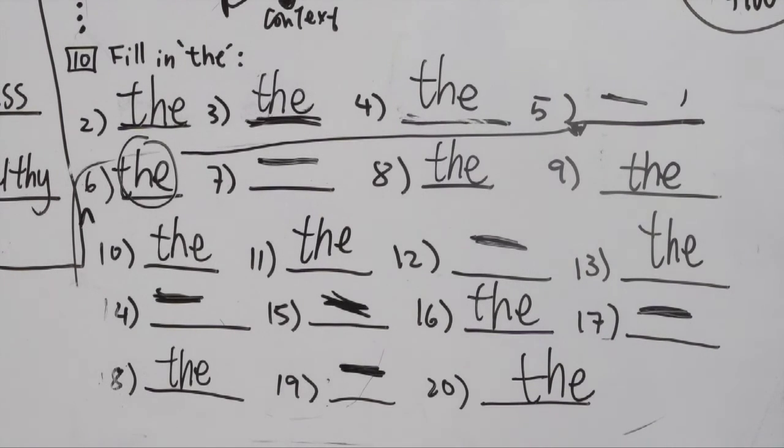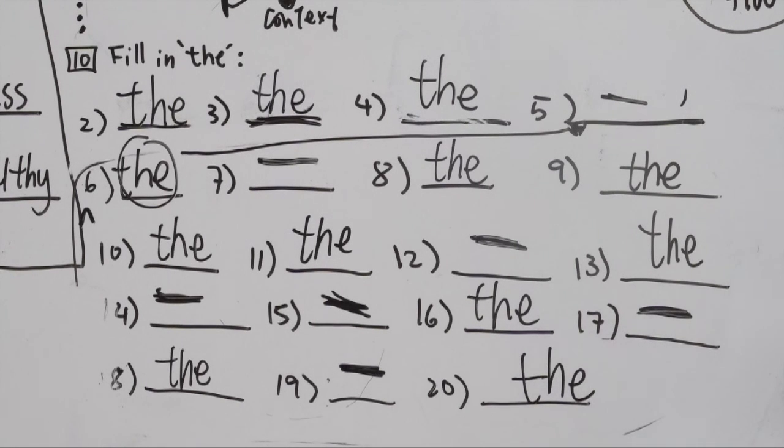Number 9, the French, the people, right? Number 10, the most, superlative. Number 11, okay? Most, again. And number 12, nothing, okay? Music, it's an activity. Number 13, the guitar. Number 14, swimming, nothing, right? Because it's an activity.